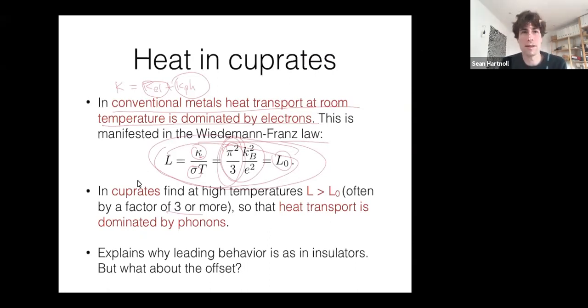The idea that if electrons are carrying both heat and charge, then this ratio should be some all-in-one number is probably more robust than that. But yeah, what I'm showing you are some consequences of some very low-tech, simple-minded thinking about these problems.